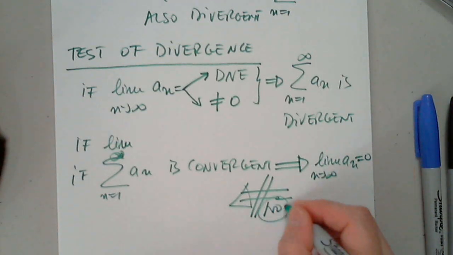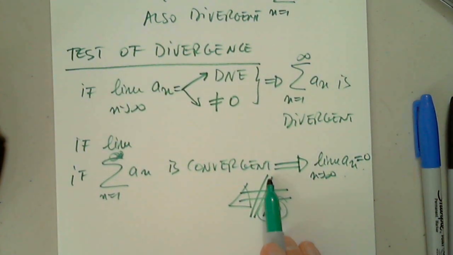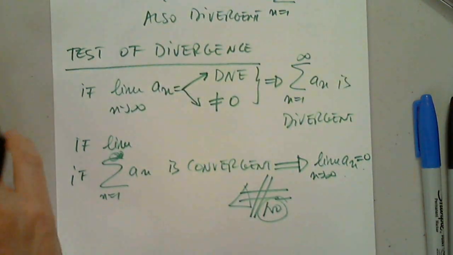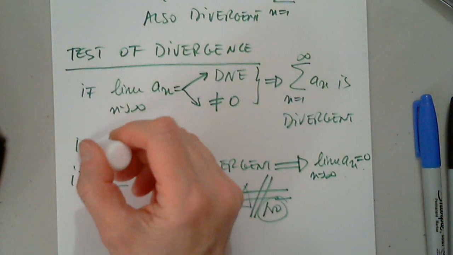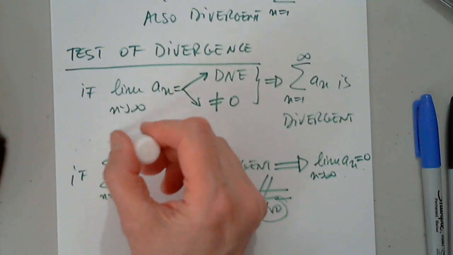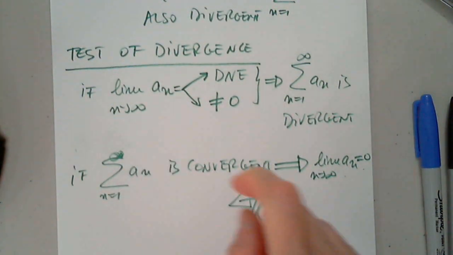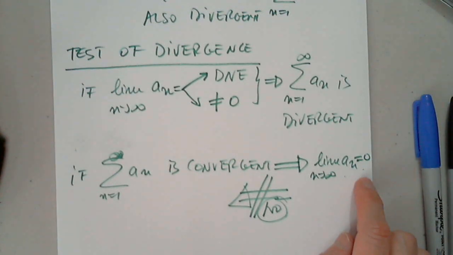No, that will not be true. If we look at the limit and the limit is 0, we cannot conclude that the infinite series is convergent. So careful here. If we know that the infinite series is convergent, the limit of a sub n must be 0.